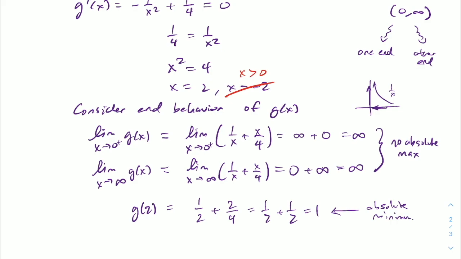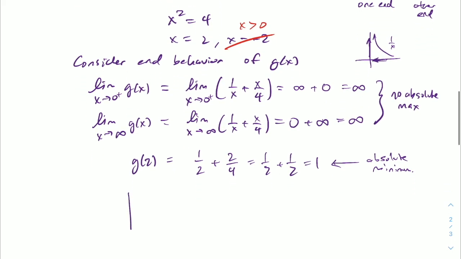If you sketch g of x over the domain, you would see that it indeed has this minimum at the point (2, 1). This is our absolute min, and there's no max.